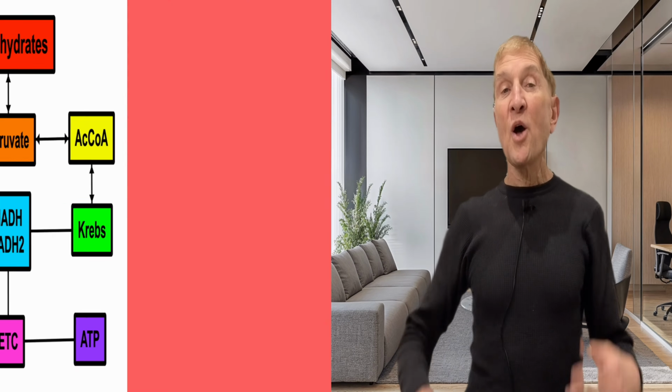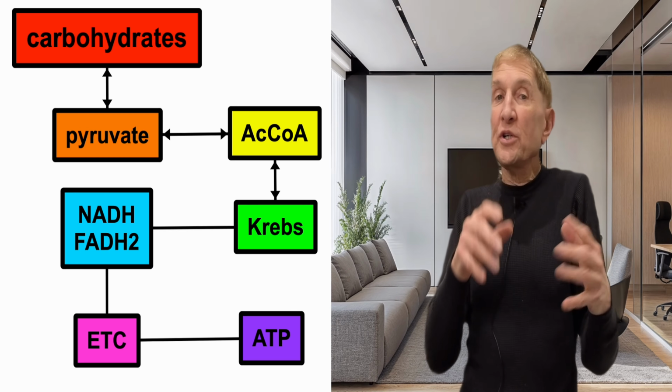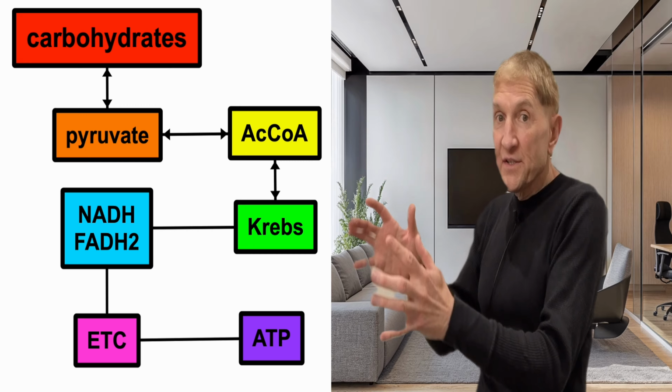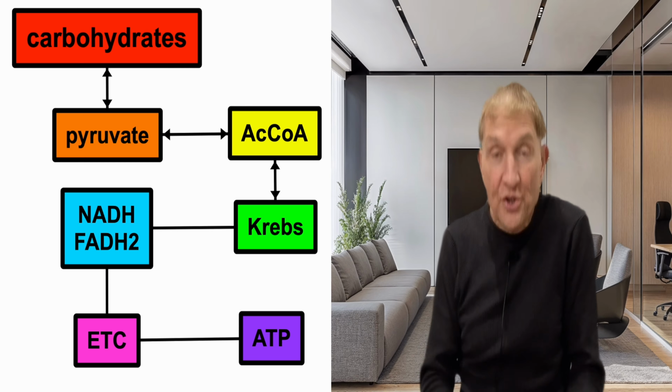So what is the chemical basis of metabolism? I don't think that point is elaborated on very much in chemistry at all, and I'd like to do it here. When we eat carbohydrates, carbohydrates are broken down into pyruvate. Pyruvate is converted into acetyl-CoA. Acetyl-CoA feeds into the Krebs cycle.